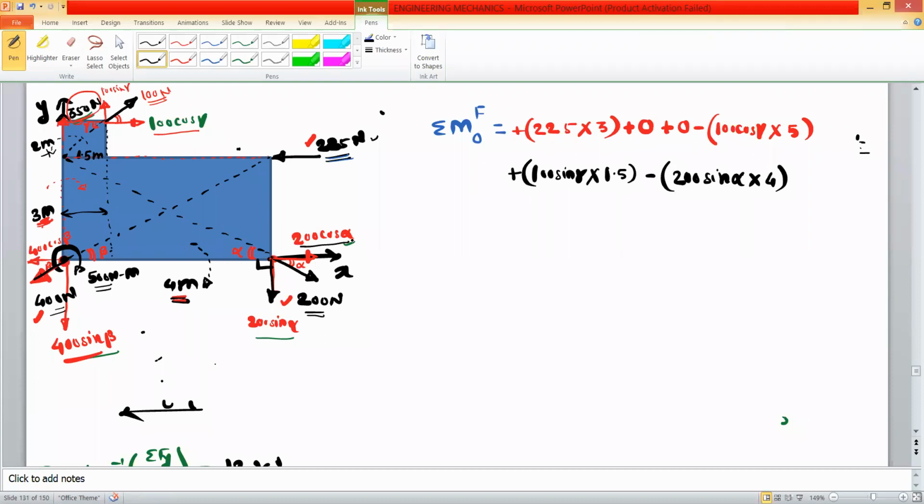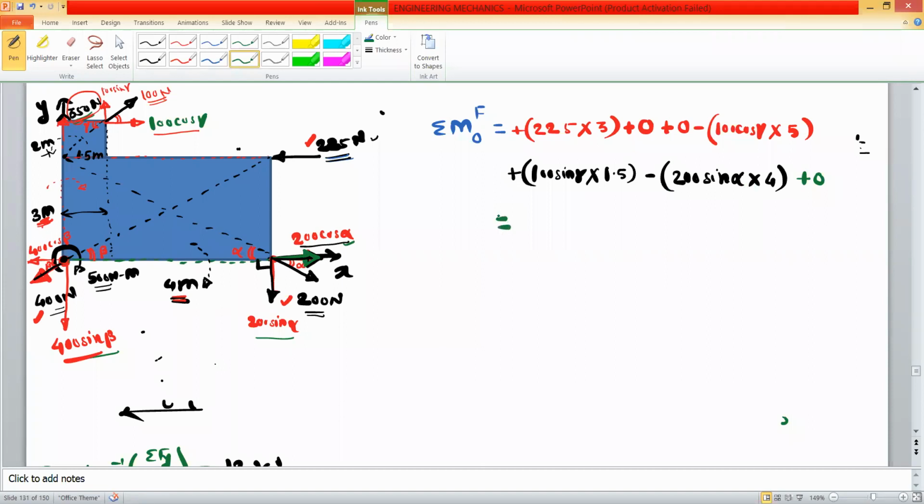Next is 200 cos alpha. This is the 200 cos alpha force, its line of action, this is the line of action, it is exactly passing through the origin, so moment will be 0.